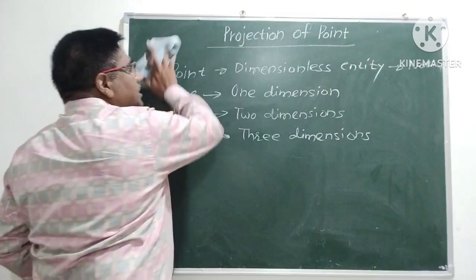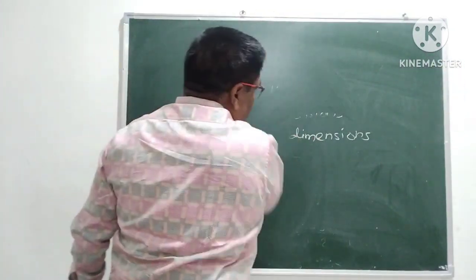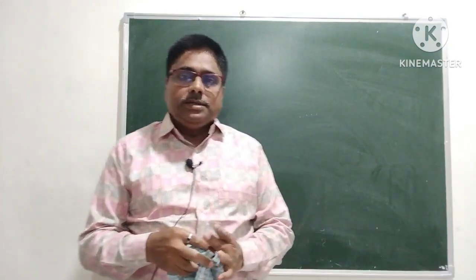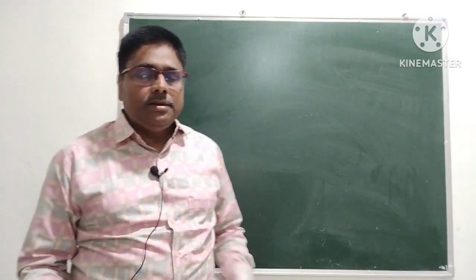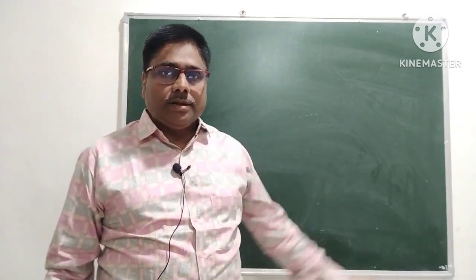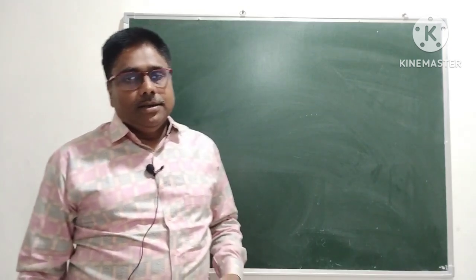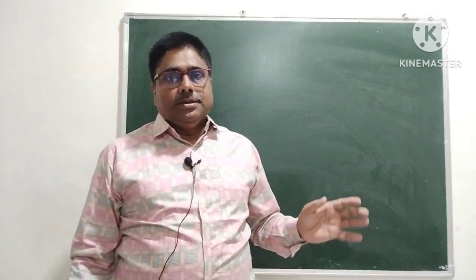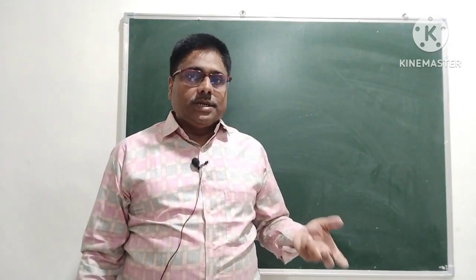Therefore, learning this subject means we are supposed to learn projection of point, then projection of line, then projection of plane, then projection of solid, one by one. After learning all these entities and many lessons allied with these entities, we understand this subject.